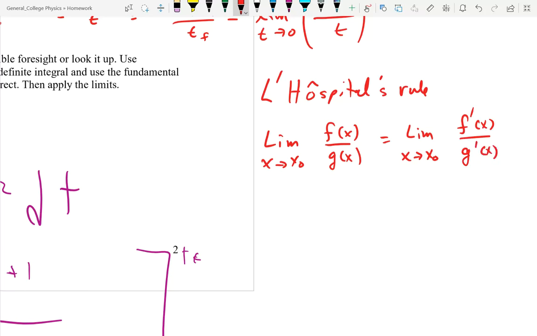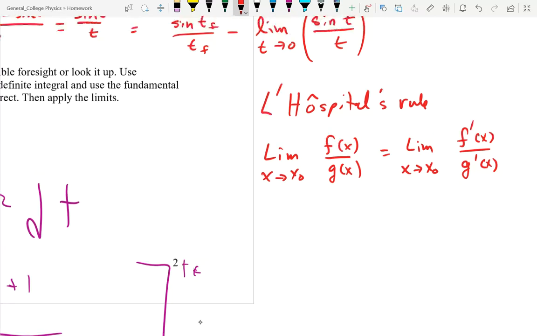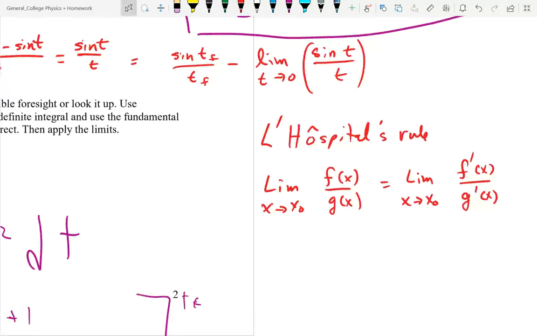It says if you have an indeterminate limit, that indeterminate limit can be found by taking the derivative of the top function divided by the derivative of the bottom function. So if we look at my equation here, it's indeterminate because sine of t approaches 0 and t approaches 0. So I'm going to take the derivative of sine t divided by the derivative of t and take the limit of that as t approaches 0.